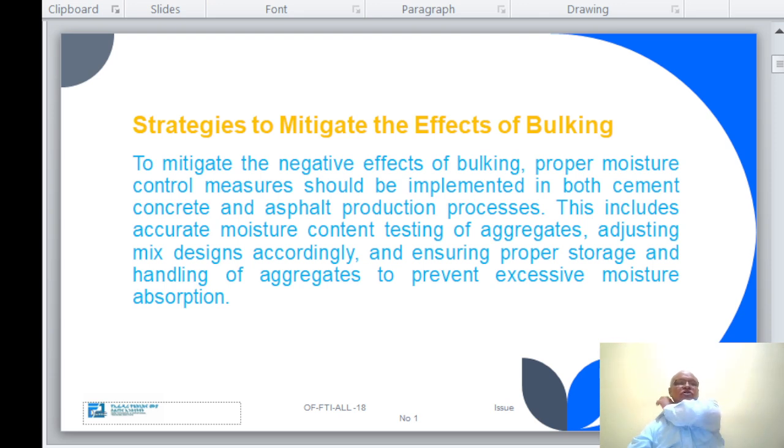Keeping aggregate in a dry condition and using it promptly after extraction can help reduce bulking. Additionally, adjusting the mix design to account for bulking factors of aggregate can ensure the desired properties of the concrete and asphalt mix are maintained. In conclusion, the bulking of aggregate is a critical factor that affects both concrete and asphalt production.